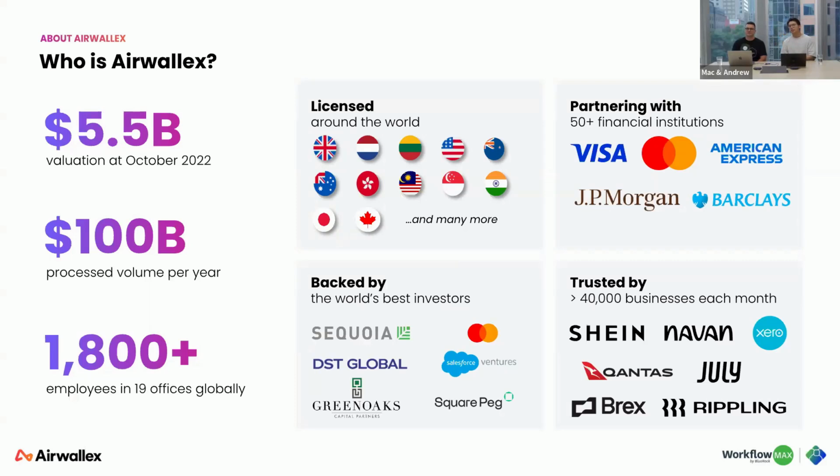On the right-hand side, you'll see we're licensed around the world, including the UK, Australia and the US. We partner with major financial institutions such as Visa, MasterCard, JP Morgan and ANZ here in Australia. We're backed by notable investors, and we're trusted by more than 40,000 businesses each month. You'll see some familiar logos like Qantas and Xero down at the bottom right.